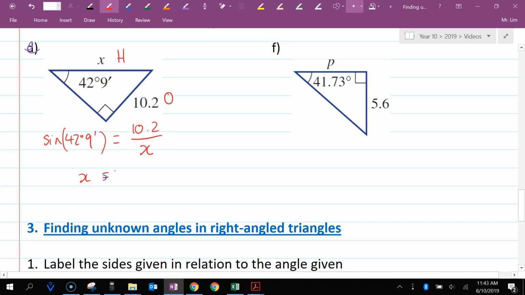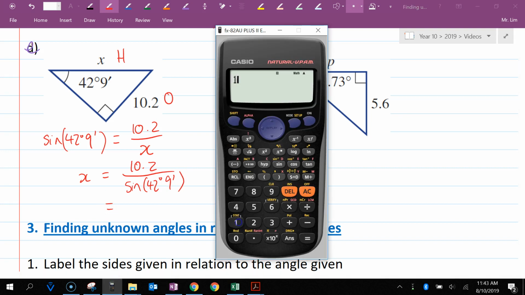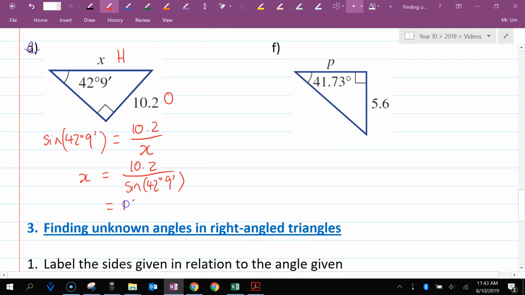So x is equal to 10.2 over sine of 42 degrees 9 minutes. And we can put that in our calculators. 10.2 over sine of 42 degrees 9 minutes. 15.2. And that's to 1 decimal place.